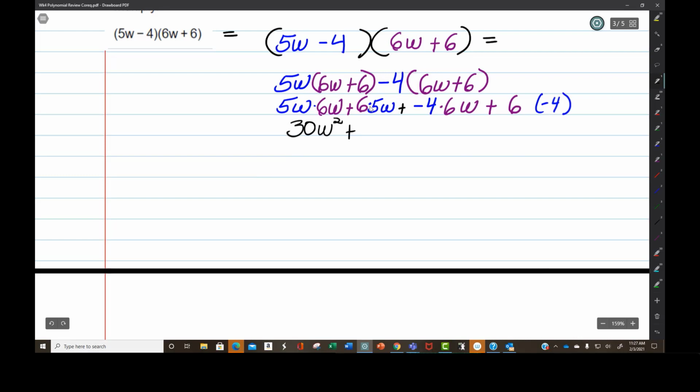Plus 6 times 5 is 30, or 6 times 5 times W is 30W. Plus minus 24W minus 24.